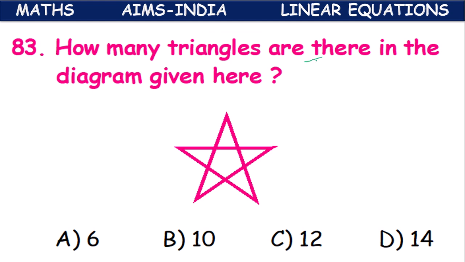So how many triangles are there in the diagram given here? 1, 2, 3, 4, 5. In the middle we have 6. 6 triangles. If you consider only this part, if you consider this part, 7th triangle.